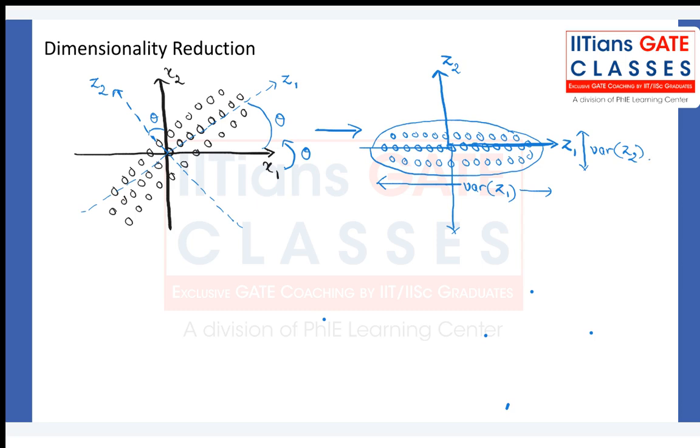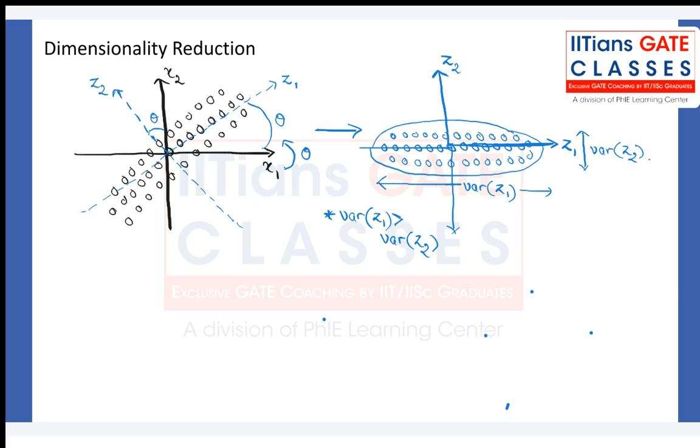The variance of z1. It's clearly visible now, right? So that's the first most important point. The variance of z1 is more than the variance of z2. And once the variance of z1 is more, it means the spread of data that explains what the data is probabilistically is better when you are considering z1. z2 is not giving you that much variability in the data, so it will not give you too much information.